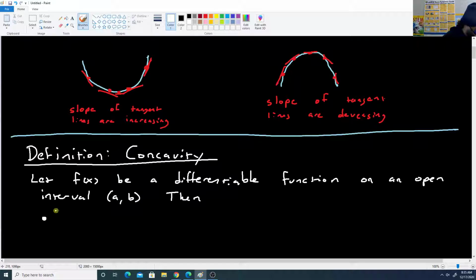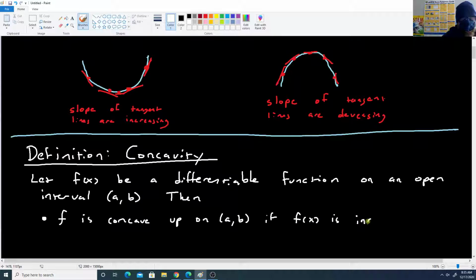We say the base graph f, or the starting graph f, is concave up on the interval a to b if f of x is increasing on that interval. And we just kind of saw, well, the slope of the tangent lines are increasing.